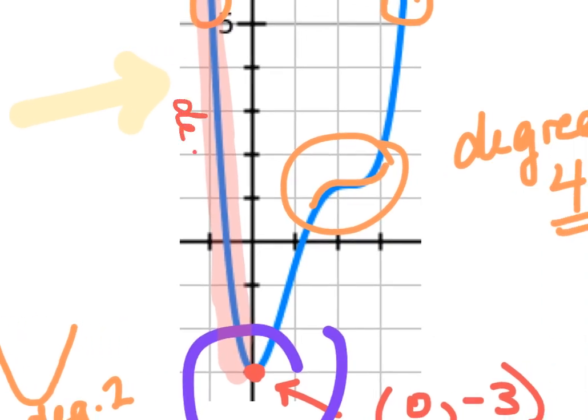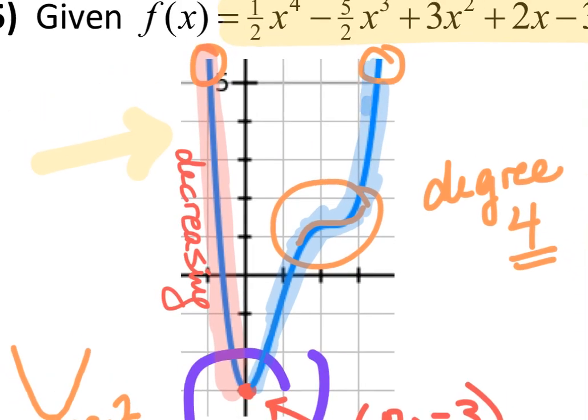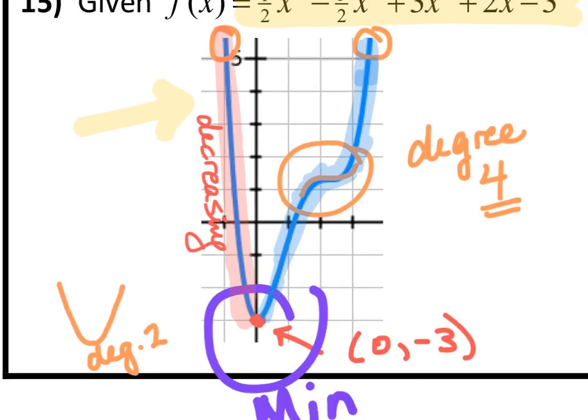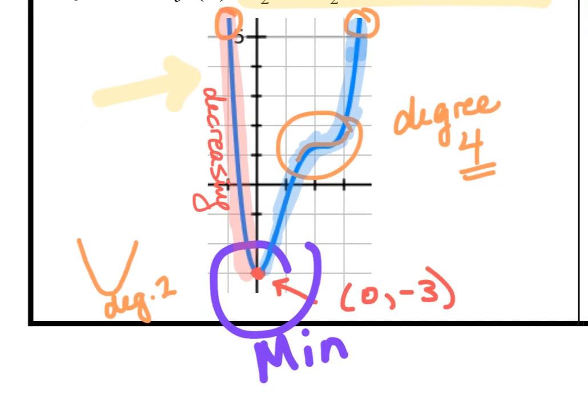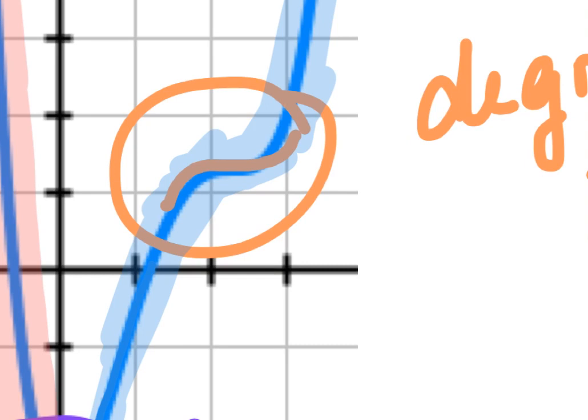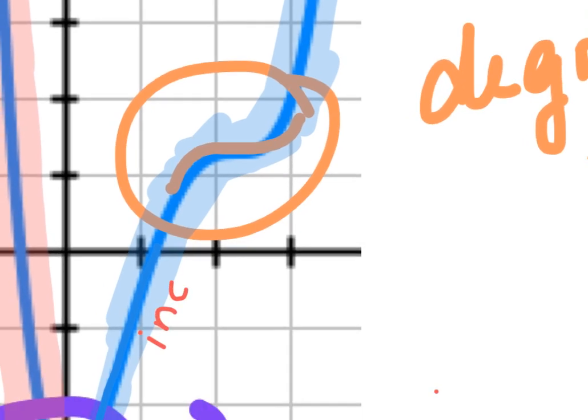So this is decreasing here, and it's increasing over here, and it doesn't change through the inflection point. So it's still increasing, it just slows down. So it's not a difference, it just slows down. And so that's going to be increasing all the way through there.